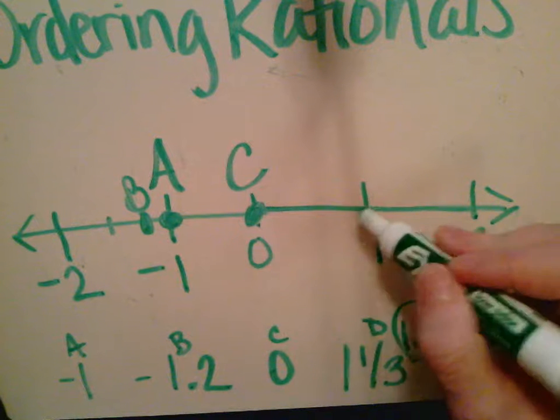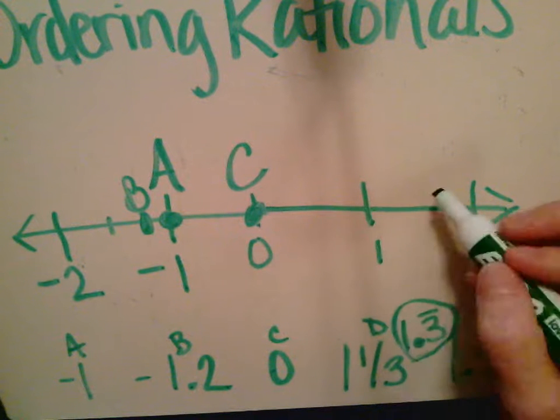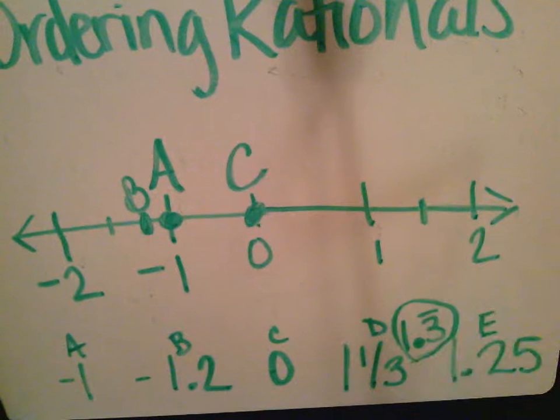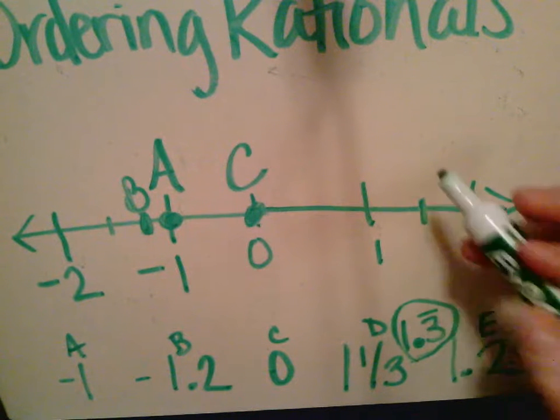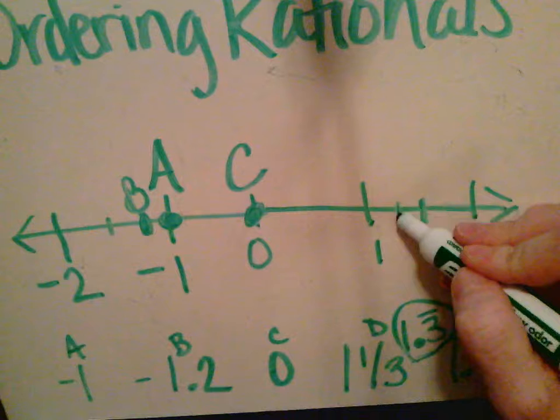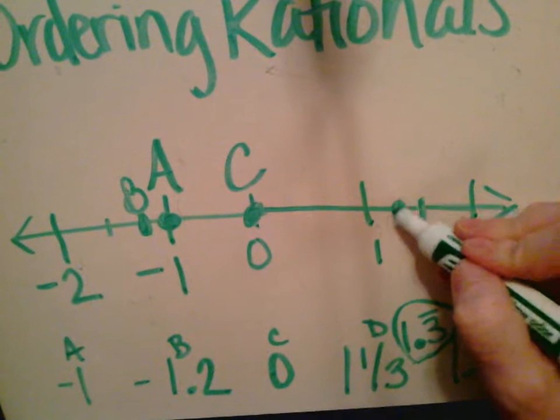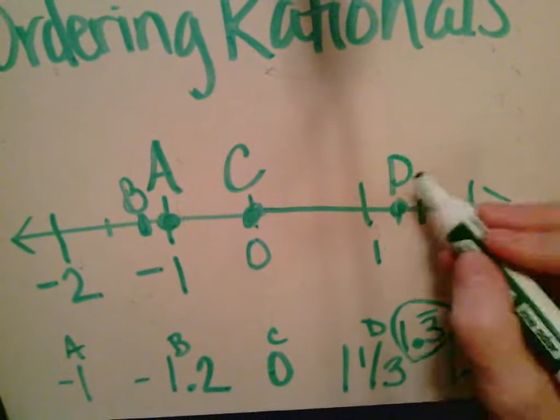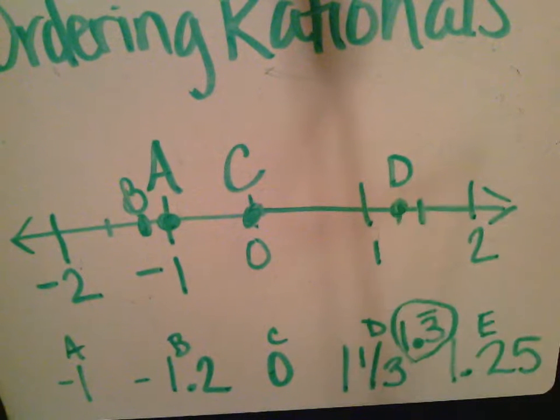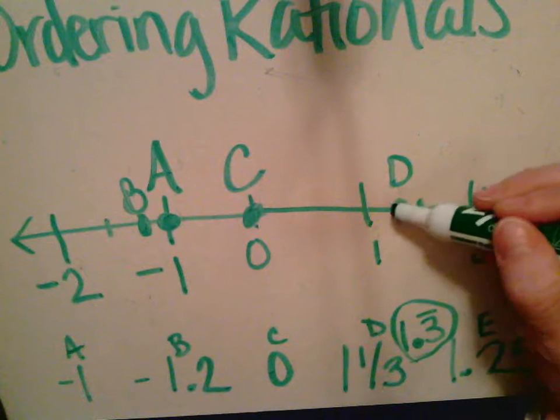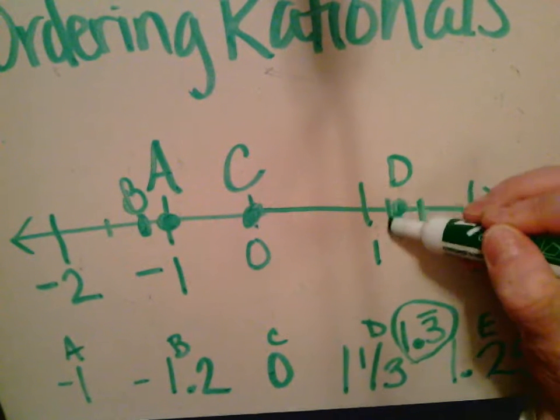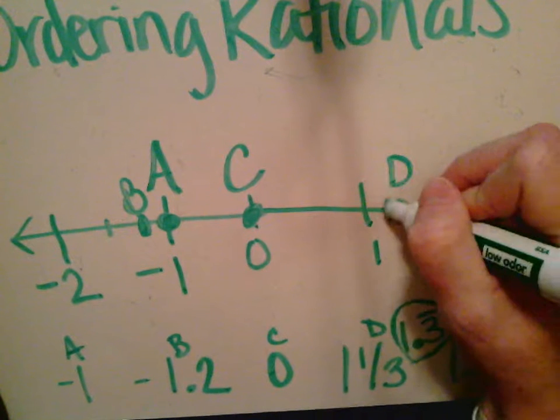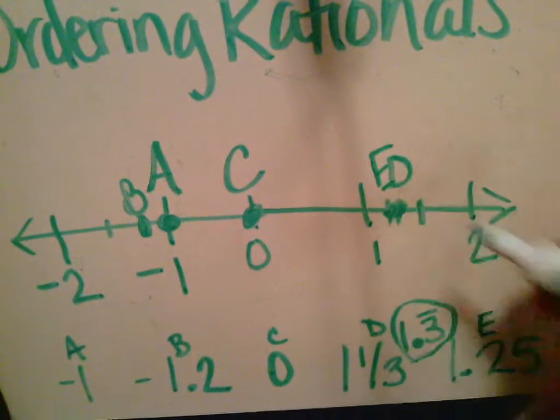So here's between 0 and 1. We need to be between 1 and 2. Here's your halfway point, which would be 1.5. But we're at 1.3. So that's kind of the halfway mark of that. So that would be your D. And then 1.25 would be exactly halfway between both of those. So those are actually really close together.